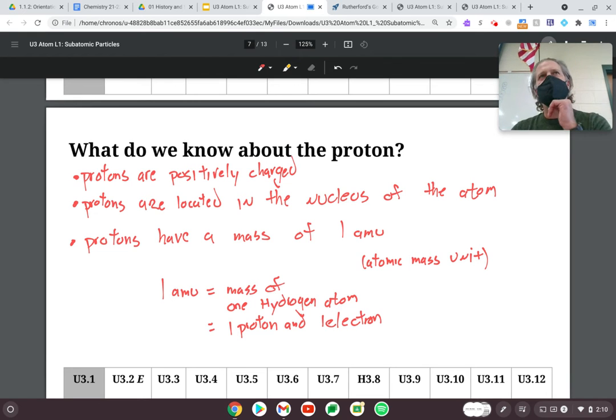And that's the simplest way to describe what an AMU is. An AMU is the mass of one proton, basically. And the simplest way to describe that would be that if hydrogen has a mass of 1 gram, what that really means is that it's the mass of the one proton, because that's the only thing that hydrogen has.